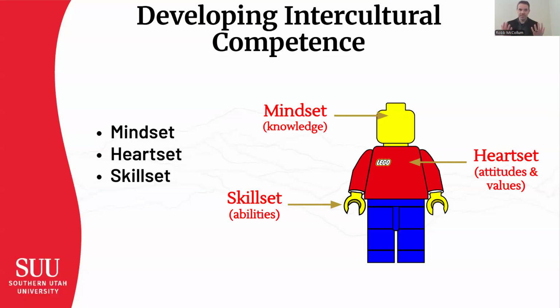And lastly, developing a skill set, right? Our abilities to interact with people and to communicate effectively and respectfully with them. As we develop a mindset, a heart set, and a skill set, we will be more competent as business communicators in intercultural contexts.